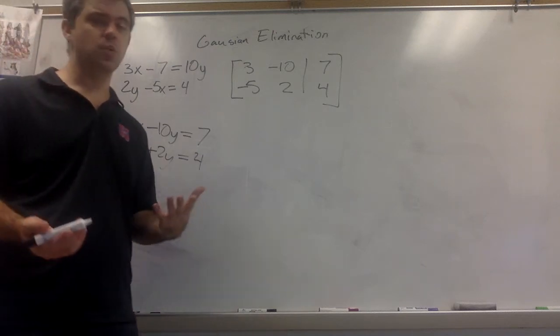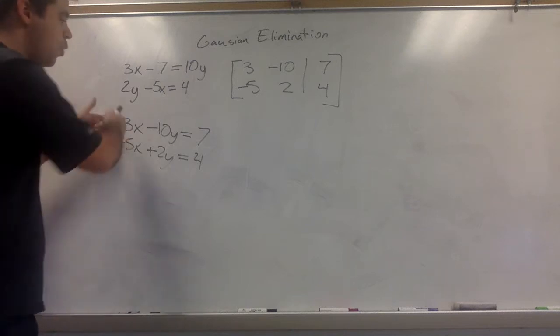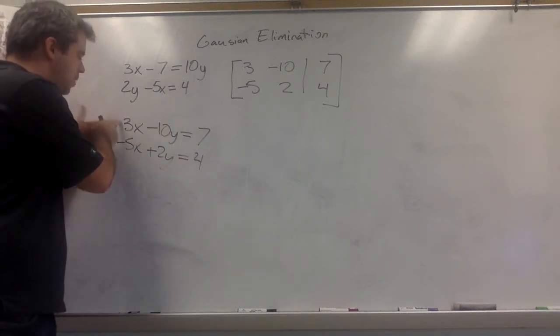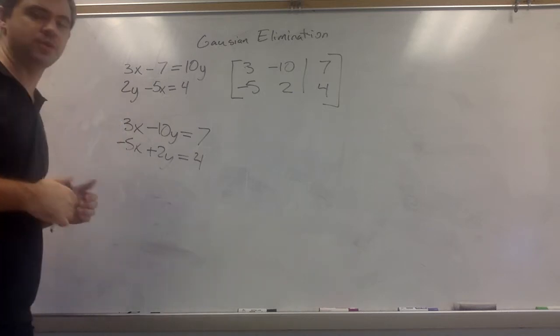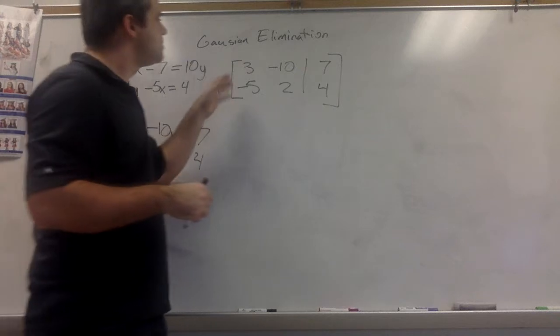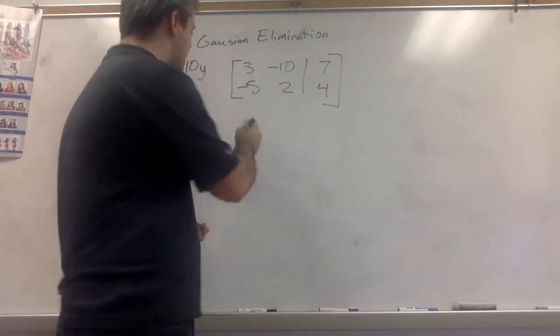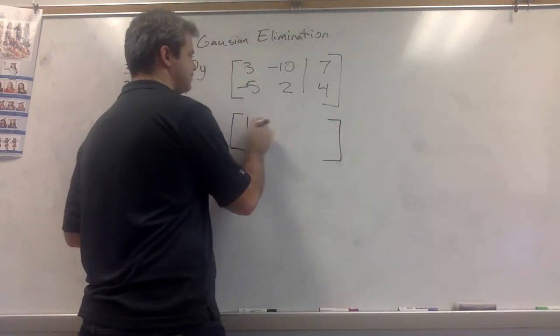So those are the things we're allowed to do. We can swap the equations, we can multiply the equations by things, and we can multiply an equation before we add it to another row. So my goal, again, is to get a 1. So I'm going to multiply this whole first row by 1/3.